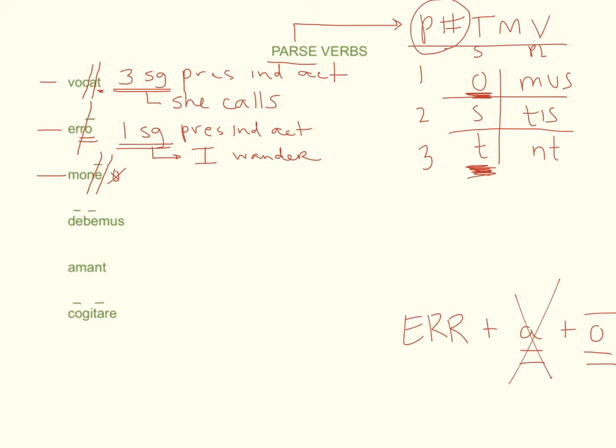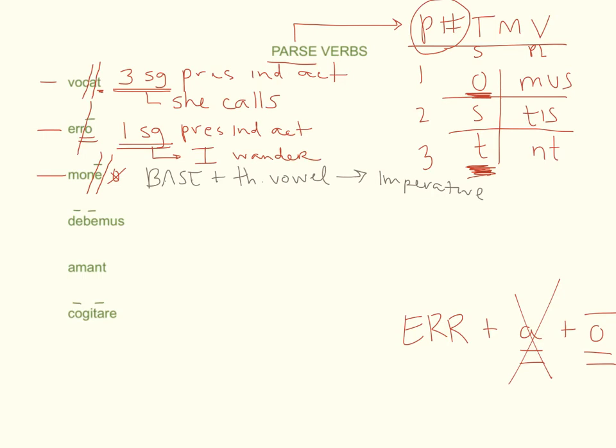So all we have right now is base plus thematic vowel, and that's it. We don't have anything else. So if you remember from class, when you see just the base and the thematic vowel, that is your imperative case, the command case. So go to your room, as the one I tend to choose for whatever reason.